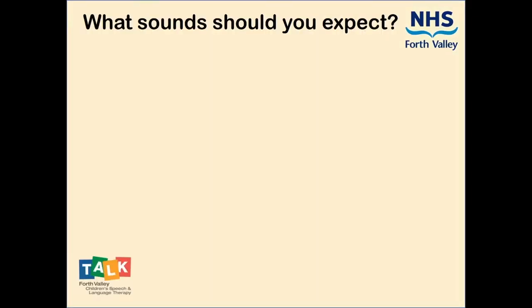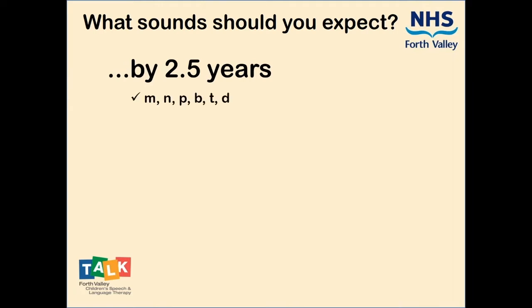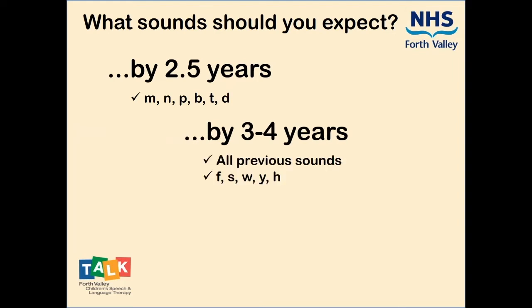It can be helpful to have a think about what you can expect at different ages. At around 2.5 years, children will be using n, p, b, t, d sounds. Between 3 and 4 years, children will have added some more sounds to this. F, s, w, y, h.